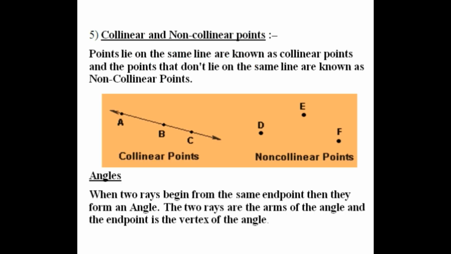Next you come to collinear and non-collinear points. You might have studied this in lower classes also. Just recall: points that lie on the same line are known as collinear points, and the points that do not lie on the same line are known as non-collinear points. Remember children, points that lie on the same line.